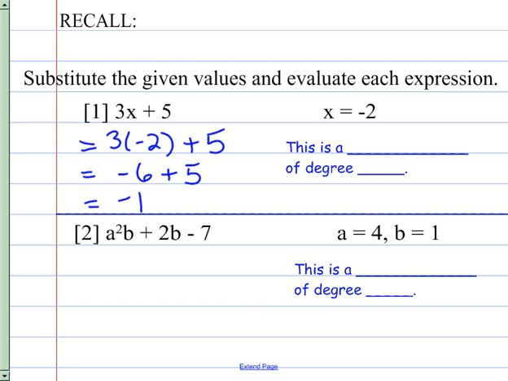Okay, when I look at this expression just from an algebraic point of view, without knowing the value of x, I can already mention that this is a binomial. And it has 2 terms, and the highest degree on any of the terms is 1. So there's an imaginary 1 exponent right there.